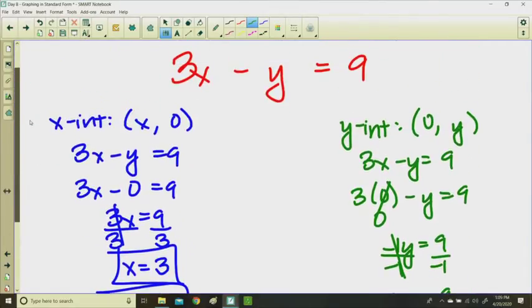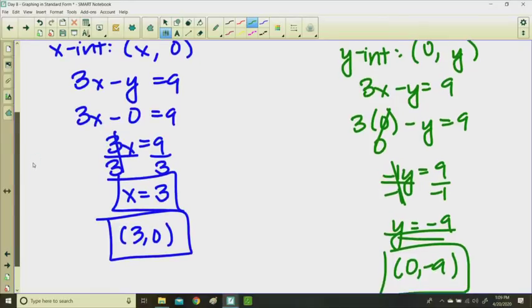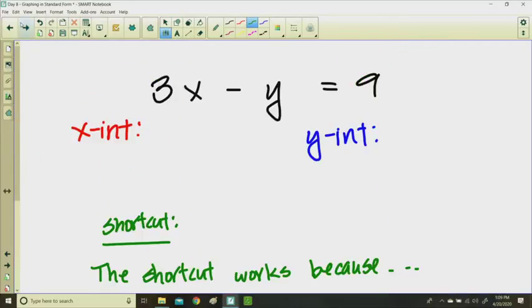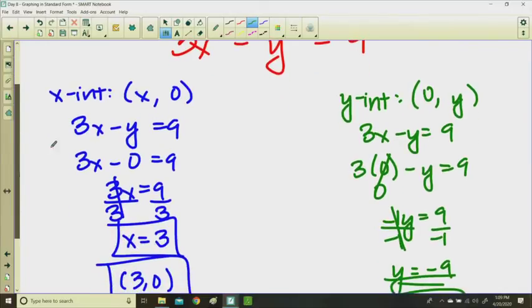Now I'm going to actually show you a shortcut. Hopefully you can see a shortcut here. Here you go. I have 3x minus y equals 9. You saw here when we did the x-intercept, what did y become? Y became 0. And what did the 0 do? Nothing. Same thing here. You saw what you plugged in, 0. What happens when you multiply by 0?